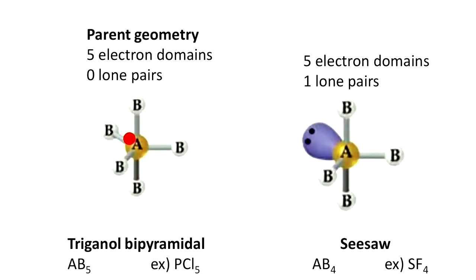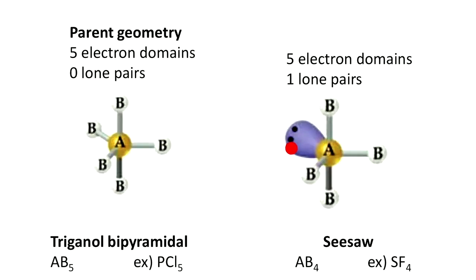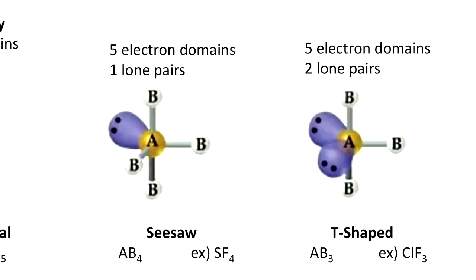So here's the parent structure. Everything's a bond, 0 lone pairs. But once we put 1 lone pair on the shape, see how it adopts the equatorial region? The second lone pair that we place also goes in the equatorial region because it gives you the most space.